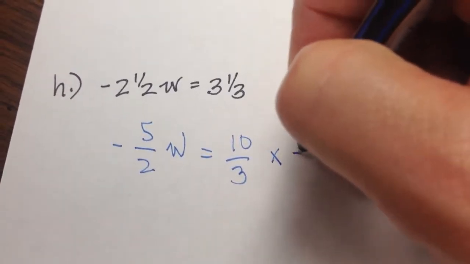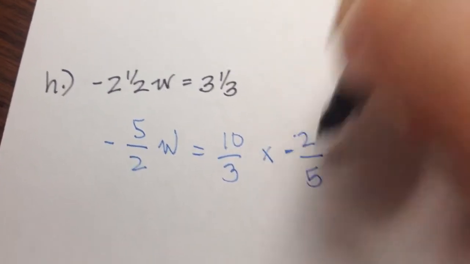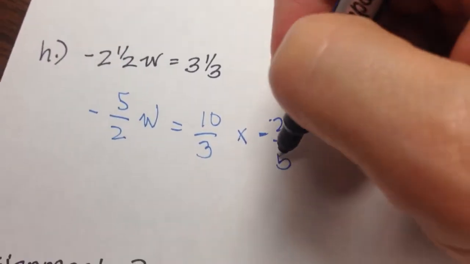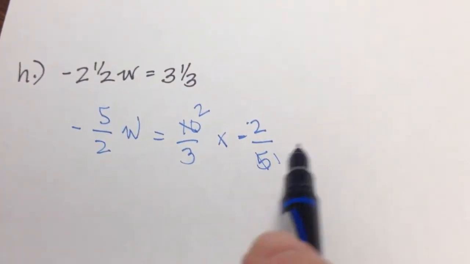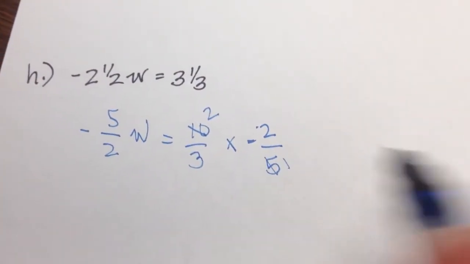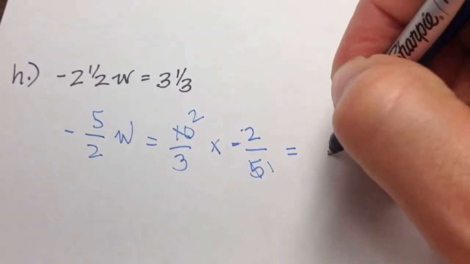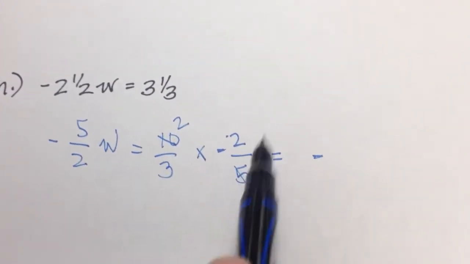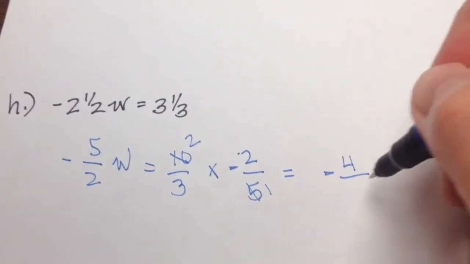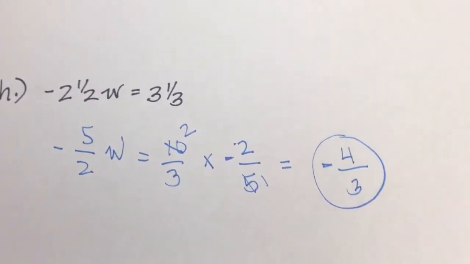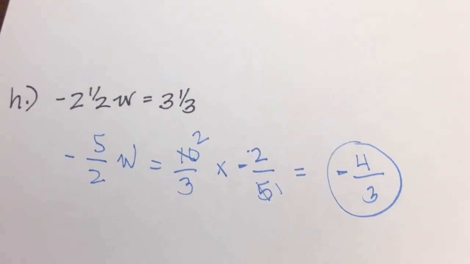And do it right this time, Mrs. Van Zalen. There, I did it. So 5 goes into itself once, 5 goes into 10 twice. Now, my answer is going to be negative because I have a negative here, right? So I might as well just put my negative sign right there. So 2 times 2 is 4, and 3 times 1 is 3, and that's it. That's my answer. See, it's not so scary.